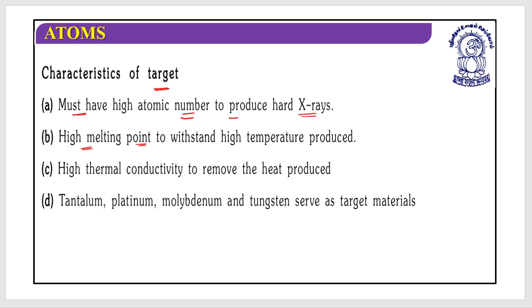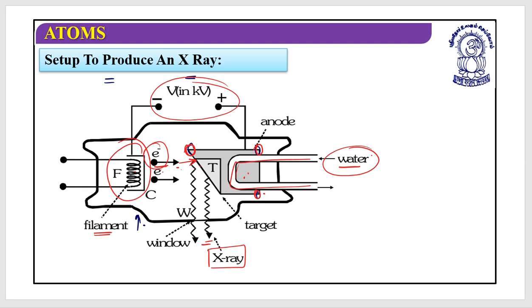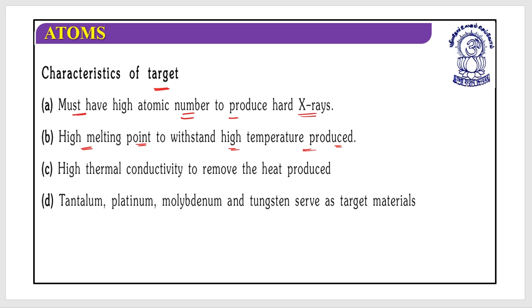It should have a high melting point to withstand the high temperature produced. That's why we keep passing water here, so that it can behave as a coolant and this material does not get melted. Next, it needs high thermal conductivity to remove the heat produced.